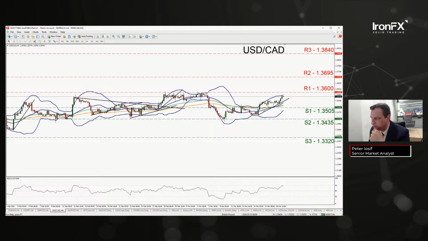And we have also the trending moving average, which has started an upward inclination since around the 12th to the 13th of March. So all of that tends to imply the continuance of the bullish movement, possibly breaching the 1.36 resistance line, and that would pave the way for the 1.3695.